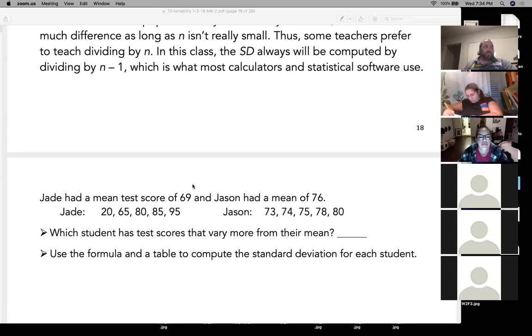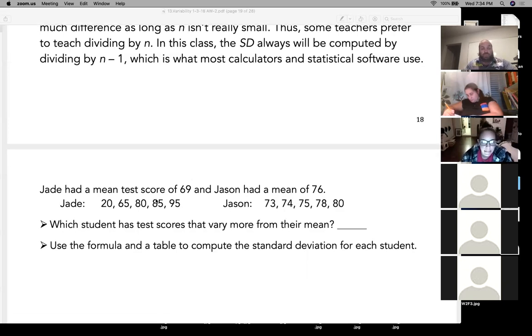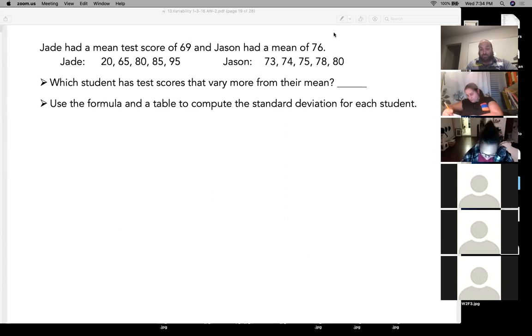Now, if the problem had not given you those means, would I have been able to figure them out anyway? Yeah, sure, because you just add them up and divide by how many you have, right? So the question is, which student had test scores that vary more from their mean? And we're going to do it using the standard deviation. So let's do Jade first.